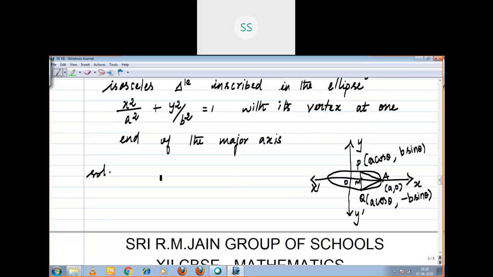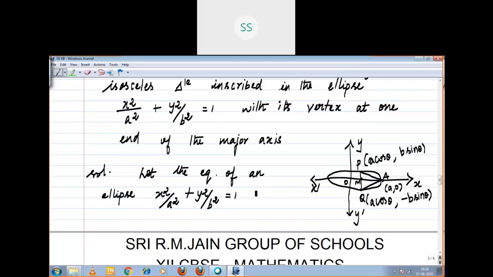Let the equation of an ellipse be x square by a square plus y square by b square equal to 1.